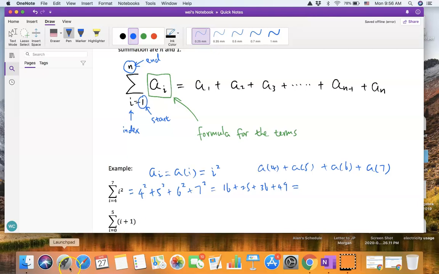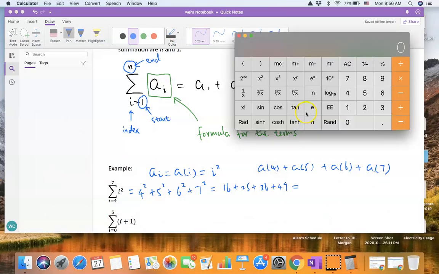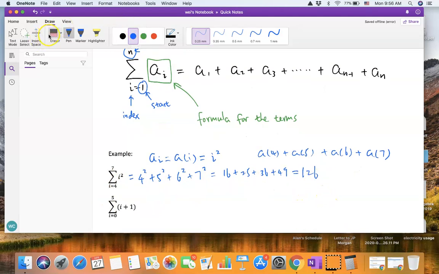Then we just figure out what the result is. Okay, so the result is 126. So this sigma notation equals 126.